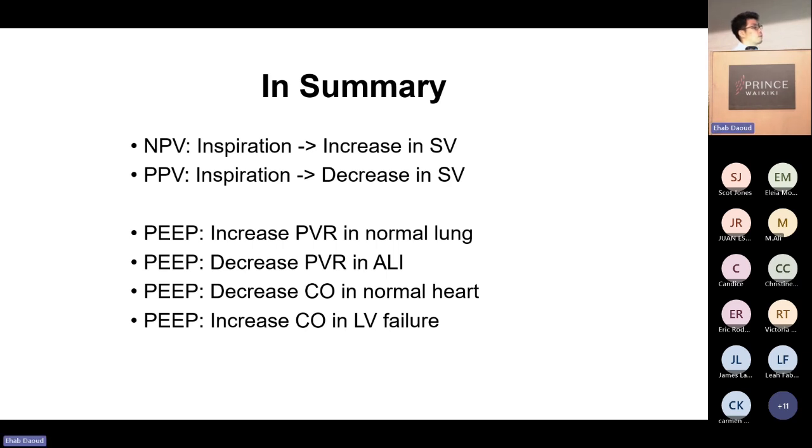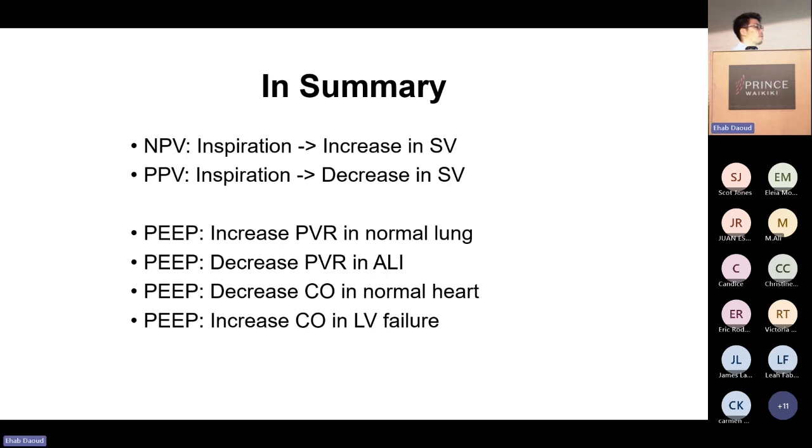However, it decreases the resistance in acute lung injury. So this tells us that when somebody has ARDS, you don't have to worry about the RV with PEEP. I think you should do your best for the lung, and that's probably the best for the RV.